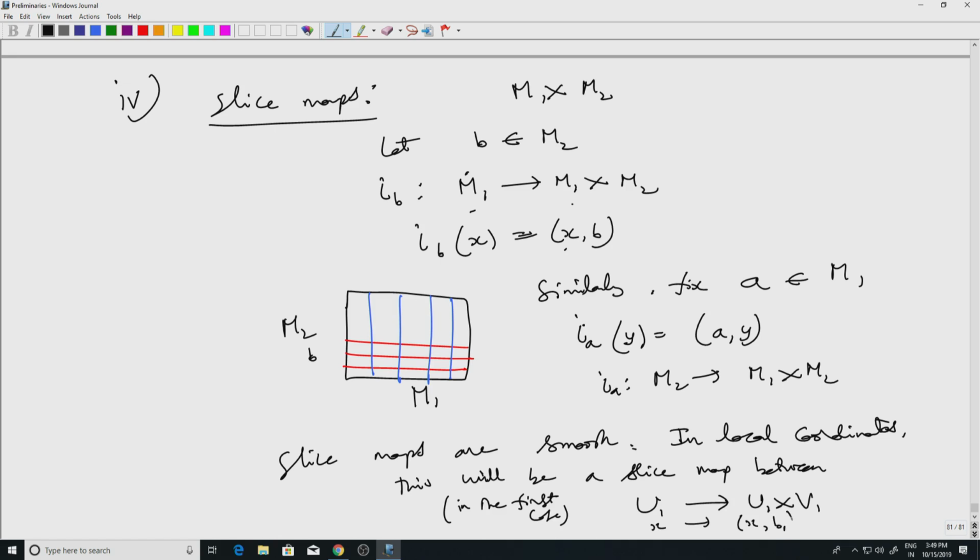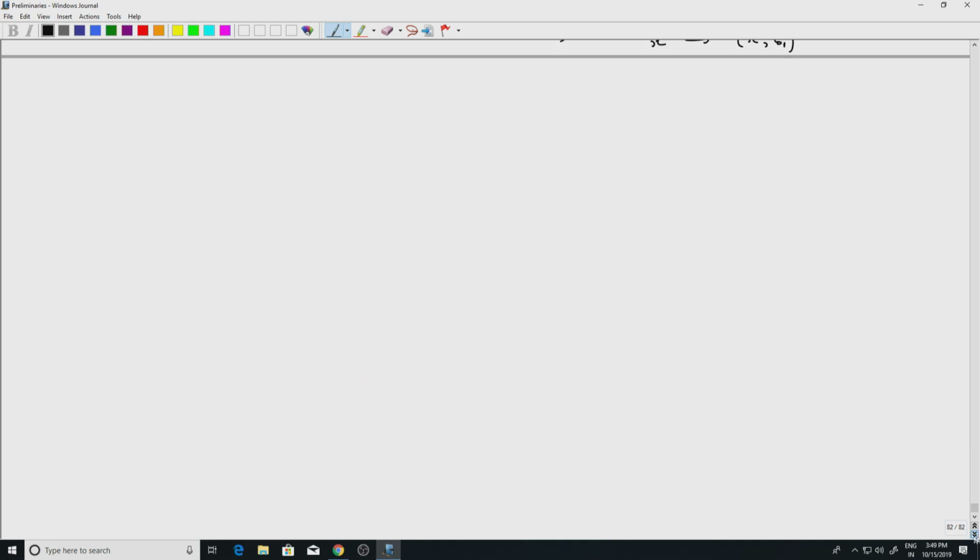And we know that between domains in Euclidean space, such a map is trivially smooth. So the corresponding map between manifolds is smooth as well.